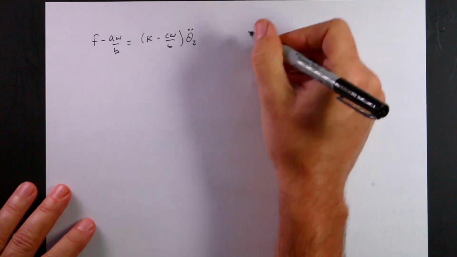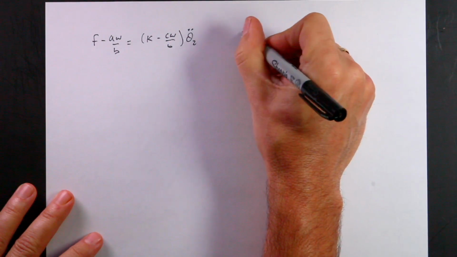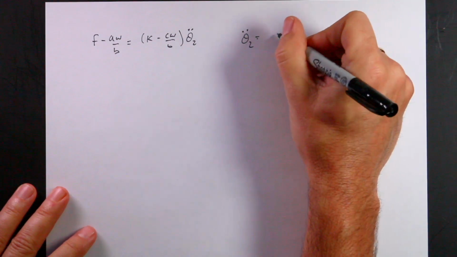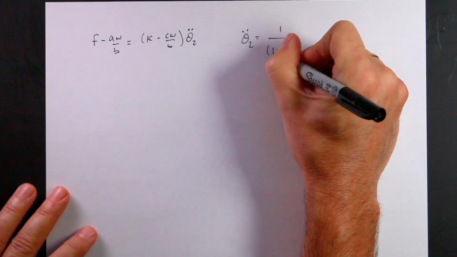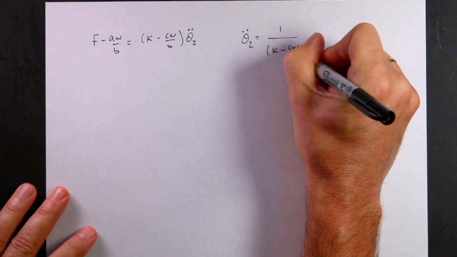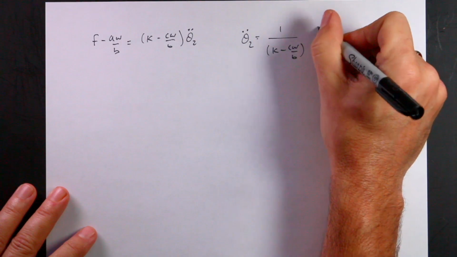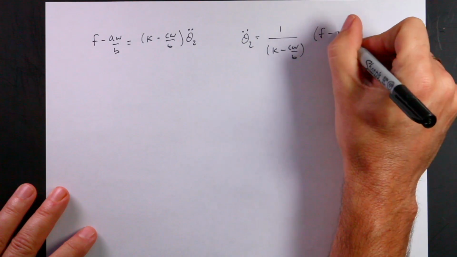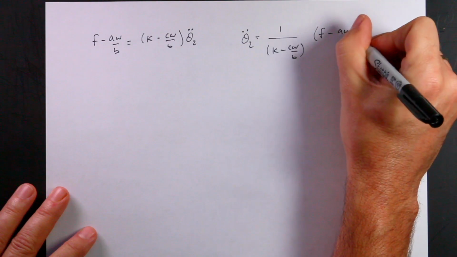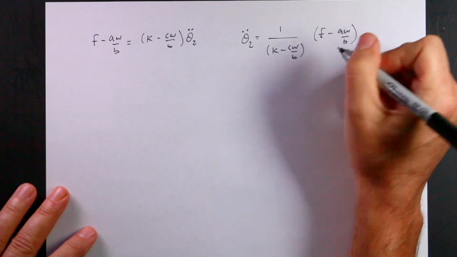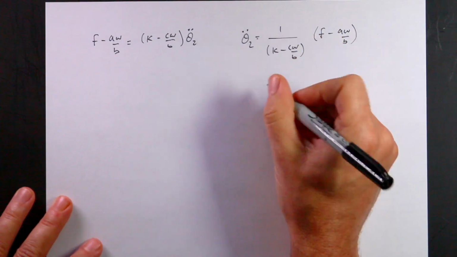So if I solve that for theta 2 double dot, it is going to be equal to 1 over K minus CW over B times F minus AW over B. And then let's rewrite theta 1.